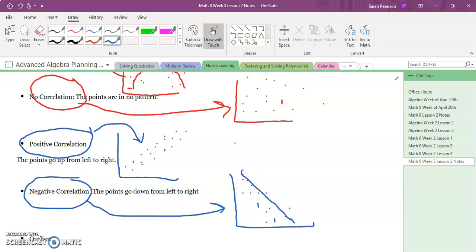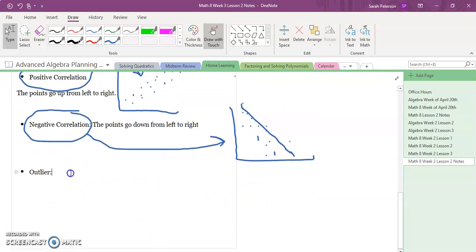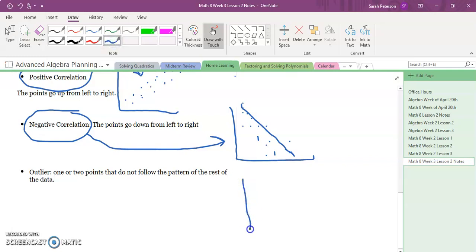The last vocab word that's super important is what's called an outlier. An outlier is one or two points that do not follow the pattern of the rest of the data. For example, if I had a graph like this, and most of my points are going in a linear pattern, an outlier is going to be the point that's right there.